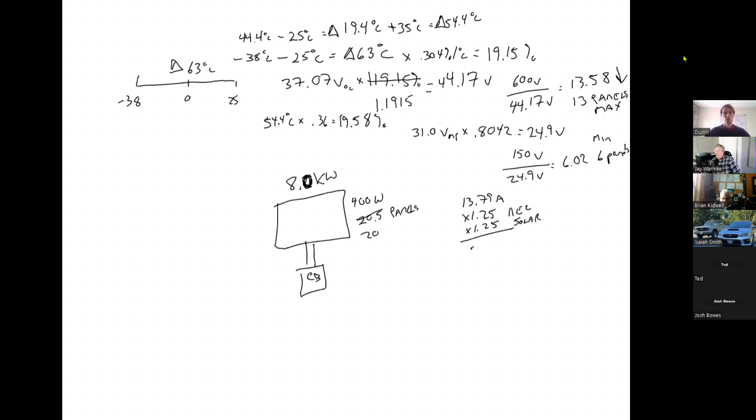All right. So if we look up in the book, what size wire do we need? Well, it looks to me on these panels, my assumption of a 12 gauge wire is probably going to be wrong. It might be, because 25 amps, the 12 gauge wire would still work.